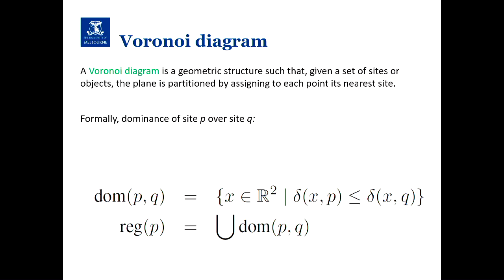So we are interested in the area of dominance of a point compared to another point. We're trying to find the nearest site to some other point. It will hopefully make more sense with images, which I'll show you in a minute.